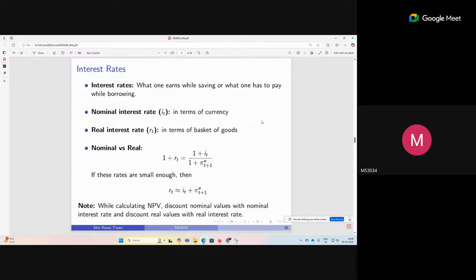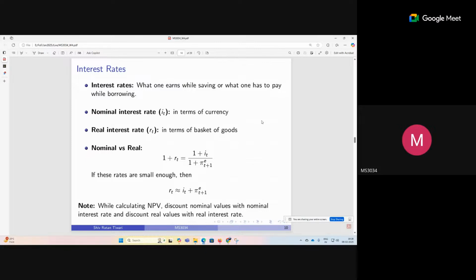First of all, what is an interest rate? If you are saving your money in a bank account or in any saving scheme, then whatever you earn on that, we call that the interest you are earning. Or if you take a loan, then you have to pay some extra amount on that, and we call that extra amount the interest.